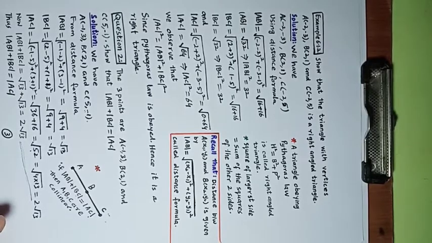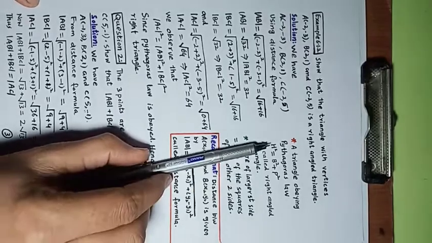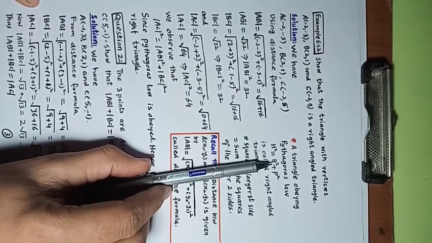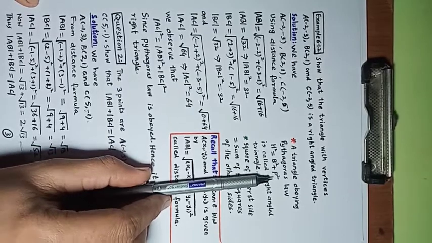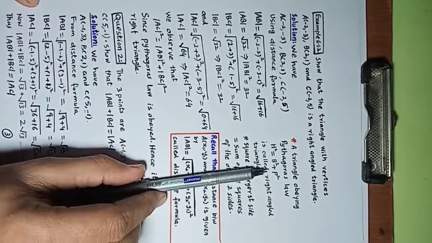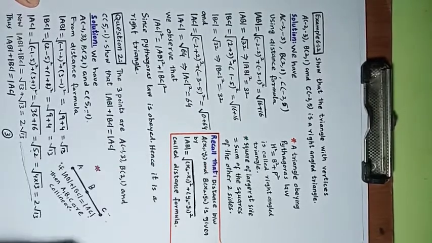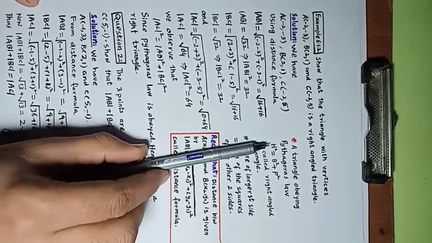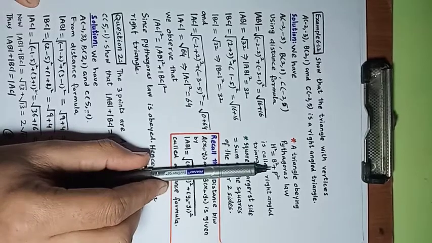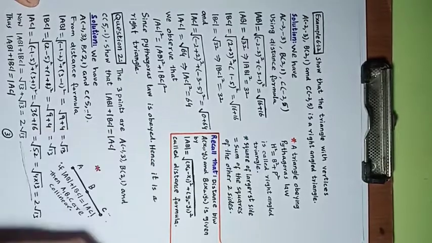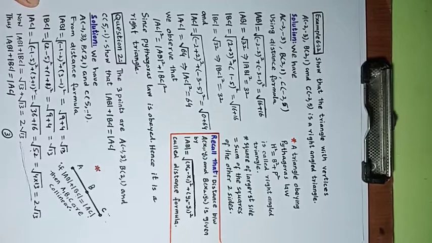Dear students, you know that a right angled triangle is the triangle which obeys Pythagoras law. And you know Pythagoras law: the square of the hypotenuse is equal to the square of the base plus the square of the perpendicular. Dear students, base and perpendicular are also called the legs of the triangle. So we can say that the square of the hypotenuse is equal to the sum of the squares of the legs of the triangle.